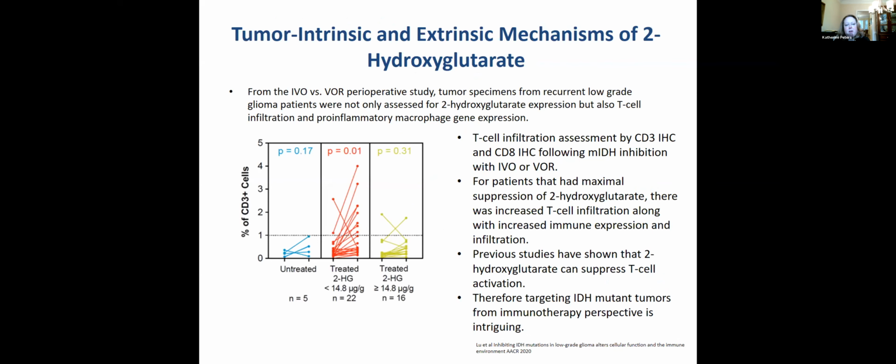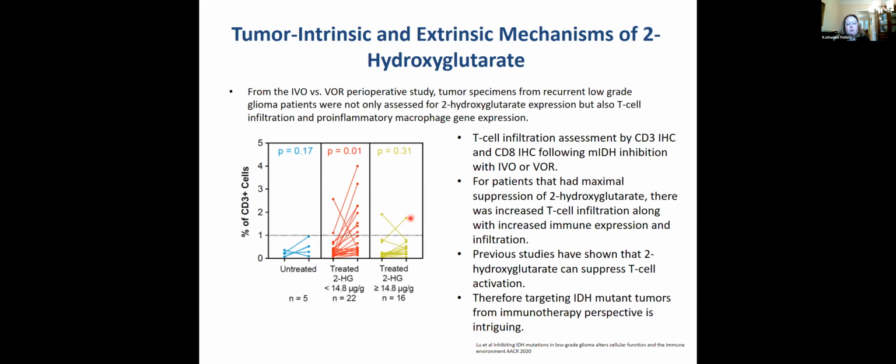Additionally, in this study, we wanted to understand what else 2-hydroxyglutarate is doing. There was some interesting suggestion that 2-hydroxyglutarate is very permeable, and it may in fact suppress pro-inflammatory genes in macrophages, but also T-cell infiltration.